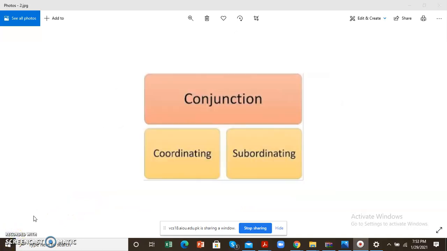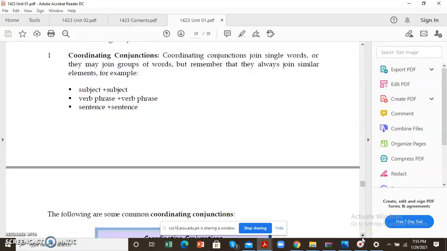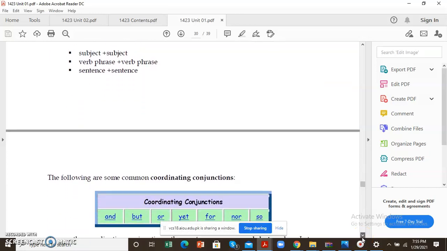So we are going to focus on coordinating conjunction and subordinating conjunction. Coordinating conjunctions join single words, or they may join groups of words, but remember that they always join similar elements. For example, subject with subject, a verb phrase plus verb phrase, and sentence plus sentence.